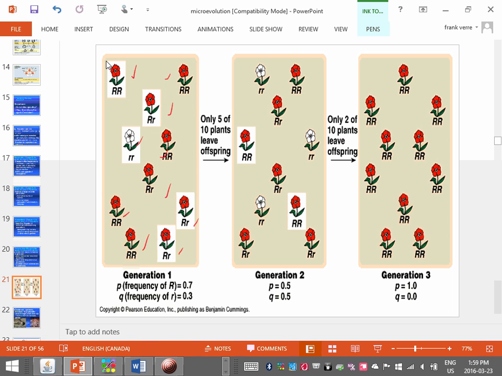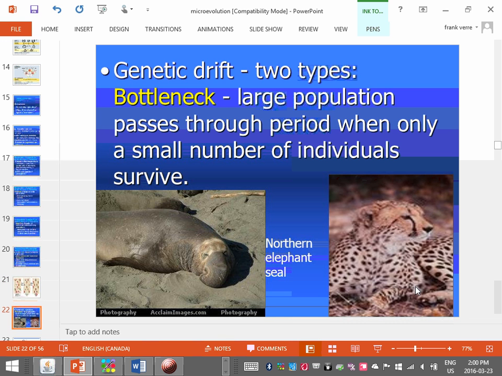But because the population is so small, it's not unreasonable to think that the red allele could randomly fluctuate to 100%. It's very possible. It's harder, though, if the population is much bigger. So when populations are small, you can experience these really random fluctuations, just like with coin tosses. Same idea.